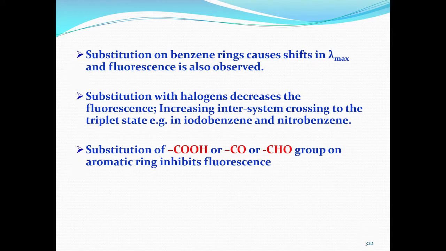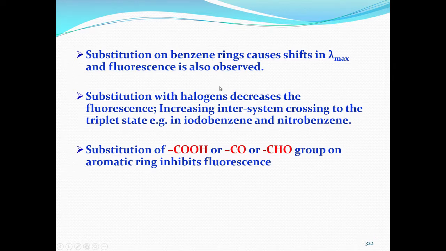Then substitution on the benzene rings results in shifting of the lambda max, and sometimes fluorescence is observed. If you have a lot of benzene rings in a given molecule and substitution occurs, then fluorescence can be observed. Another possibility is substitution with halogens.